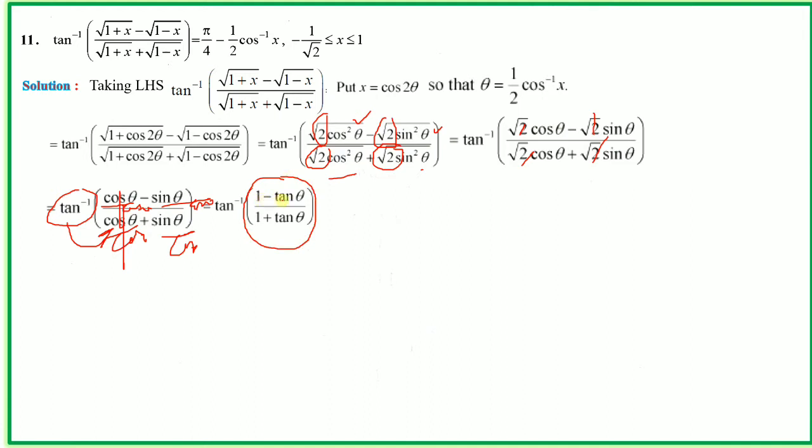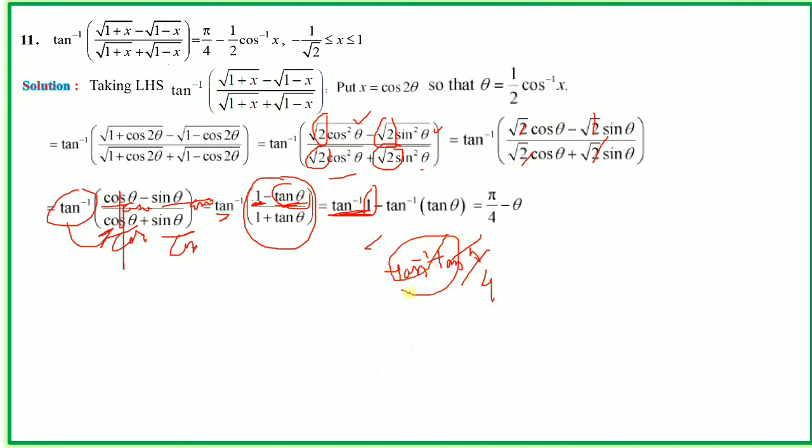And this is the formula for tan inverse x minus tan inverse y. So it is equal to tan inverse 1 minus tan inverse of tan theta, where 1 is x and tan theta is y. Tan inverse 1, as I had already explained, but once more: 1 in the form of tan is written as tan 45, pi by 4.